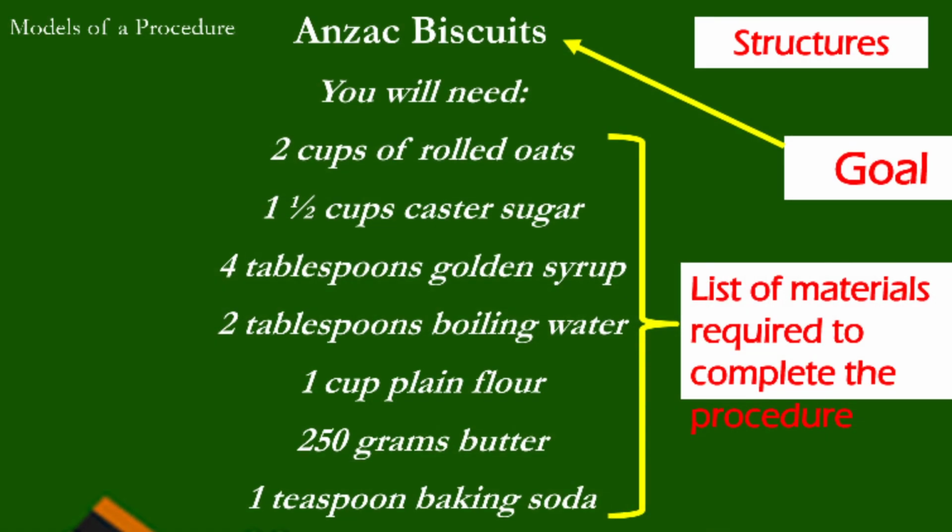To figure out the parts of a procedure, here are some models. So we have here the structures showing the goal or the title. Then we have here the list of materials required to complete the procedure.